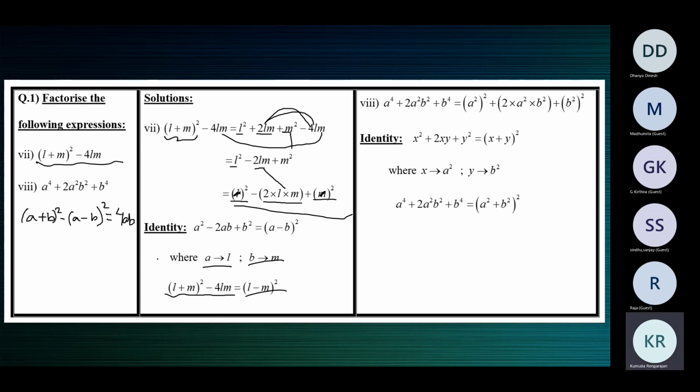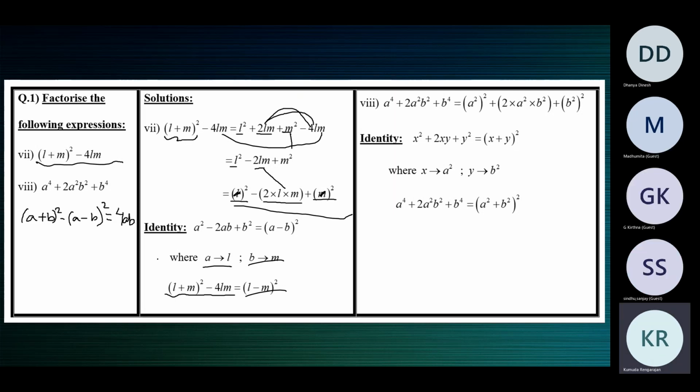Supposing you're given the numerical value of a plus b and the value of ab, you can substitute in the equation and find the value of a minus b. The three expressions involved in this identity are a plus b, a minus b, and ab.